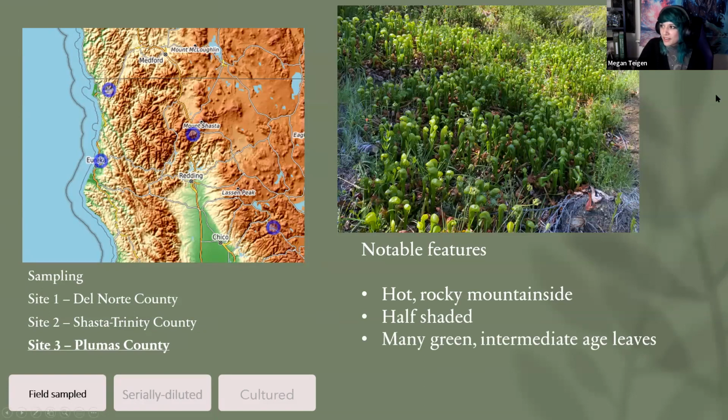So again, a lot of these were sitting in the hot sun all day, which was another stark contrast to Gasky, where we were in the shade. So it was super fun to get to work in the hot, hot sun all afternoon, sampling these. And these leaves were also pretty big, almost as big as Gasky, but Gasky was definitely the biggest leaves out of the fens we sampled.